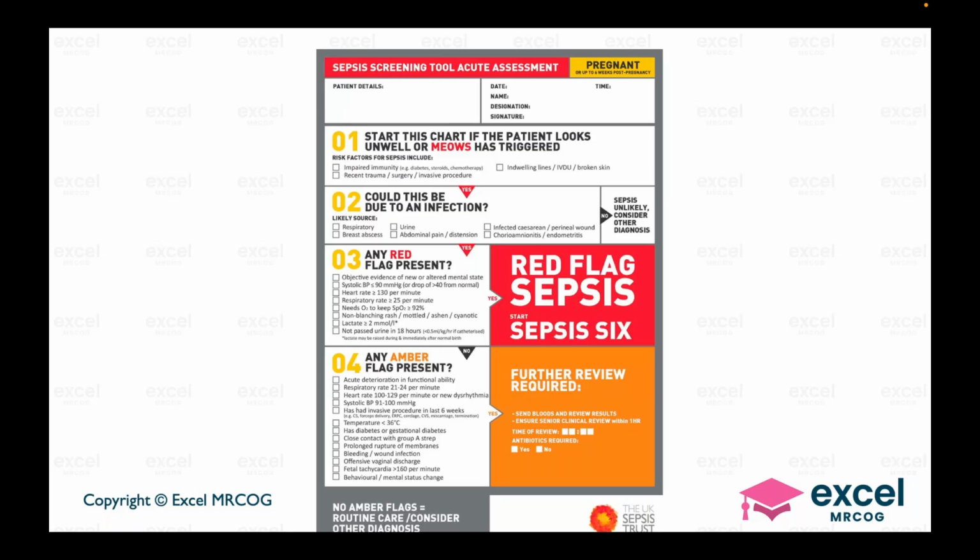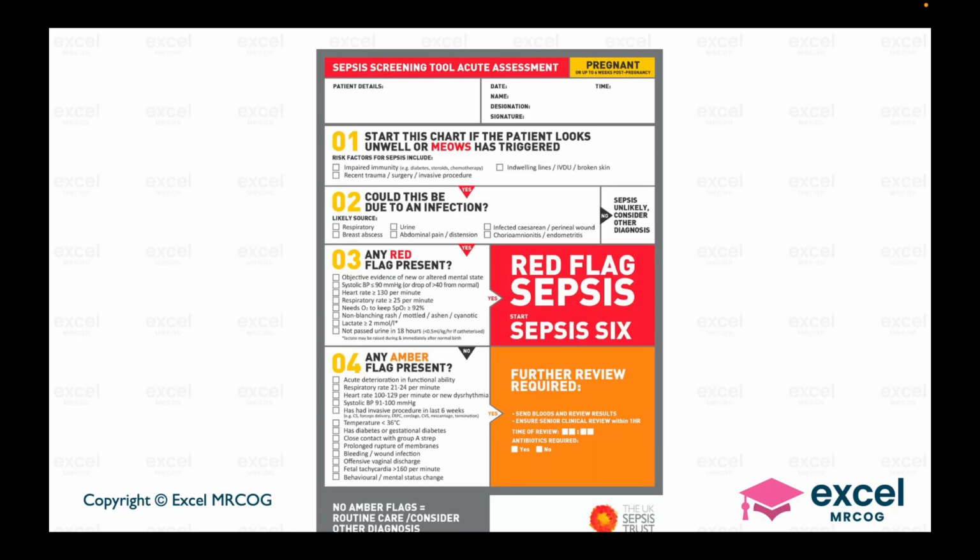If there are red flags, you need to start your sepsis 6. If it is amber, then you need to have the patient reviewed by an obstetrician. Further clinical review by a senior person within 1 hour, and you need to send your blood for testing and review the result. So that is why they have divided these signs into amber and red flag signs.